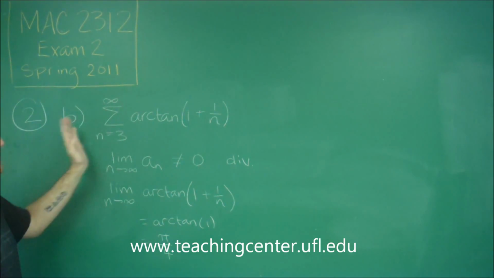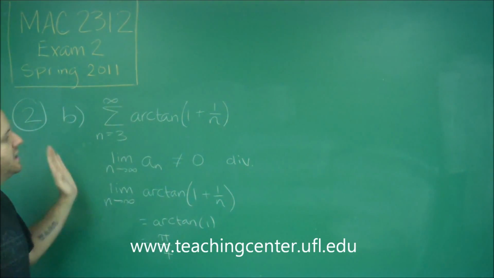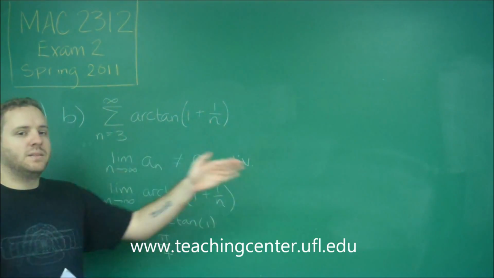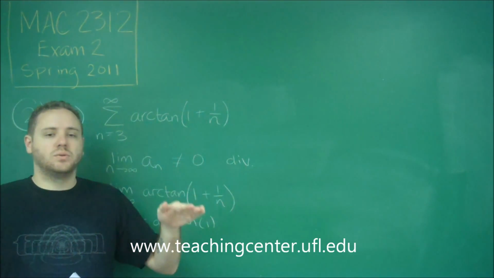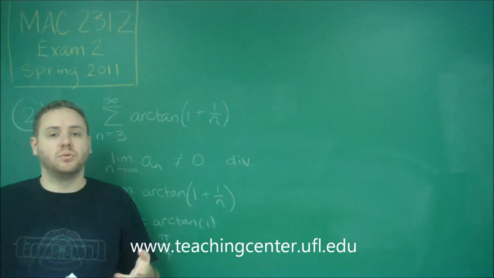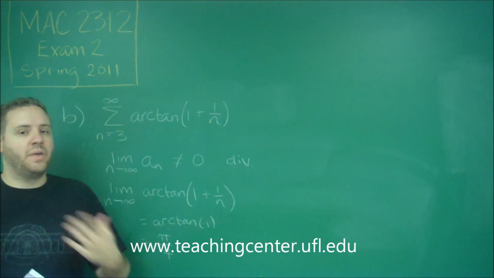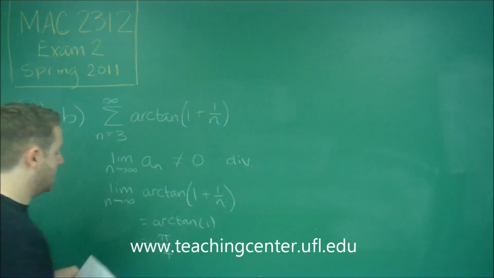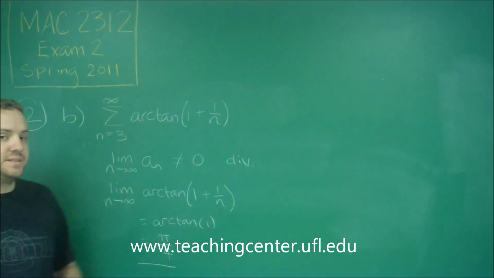So this series is a bunch of terms that are just getting closer and closer to pi over 4. But you can think, if you're adding those all together, if you're getting towards pi over 4, that means eventually you're basically just adding pi over 4 to itself over and over and over again. Well, that sum just keeps going up. It definitely doesn't converge. So this right here is proof that that series diverges.